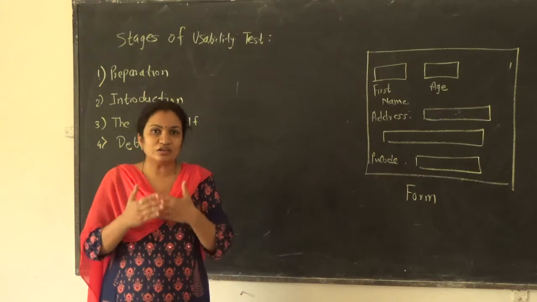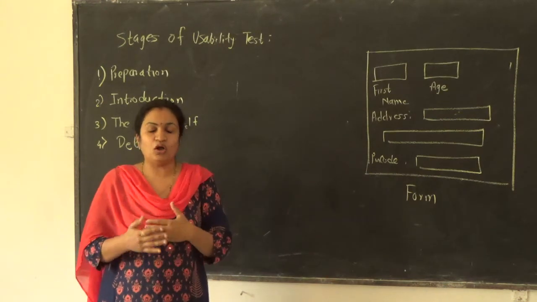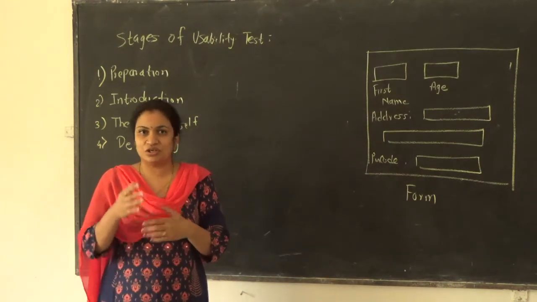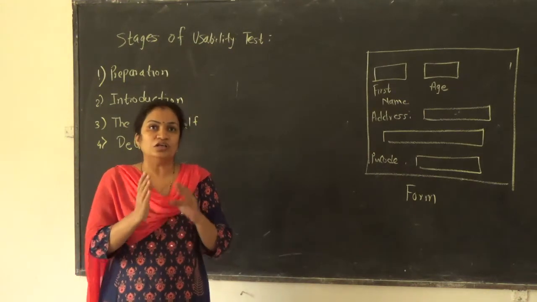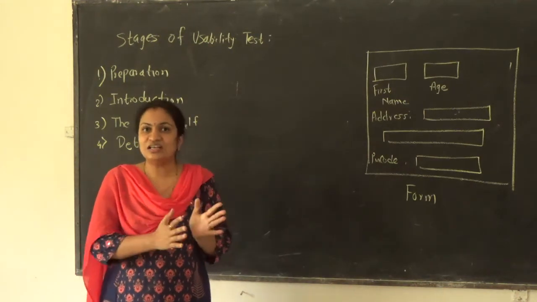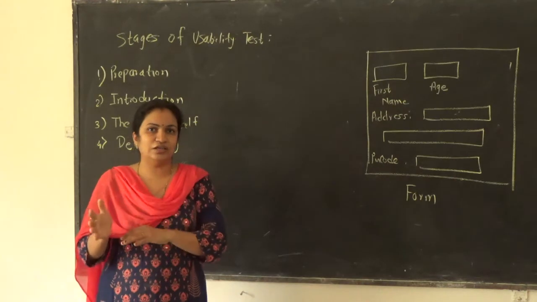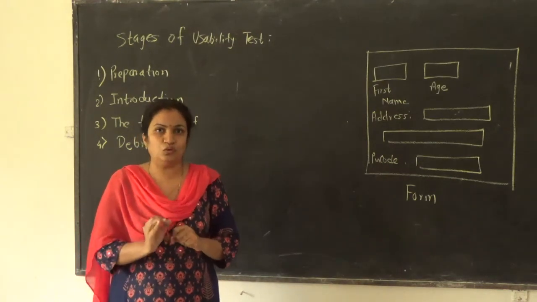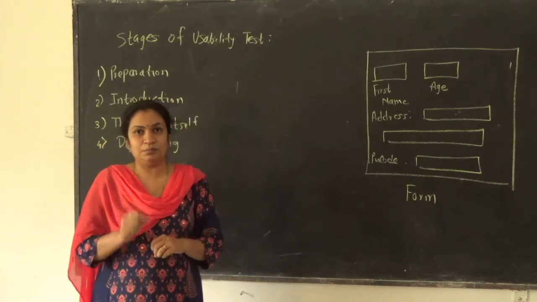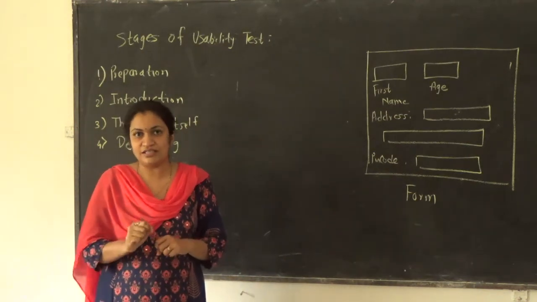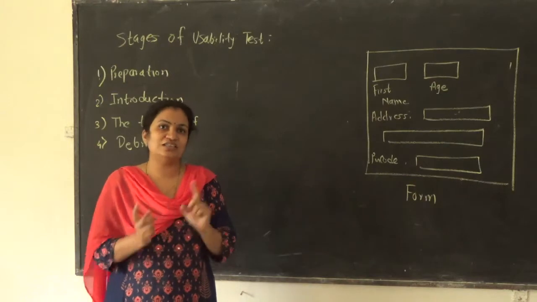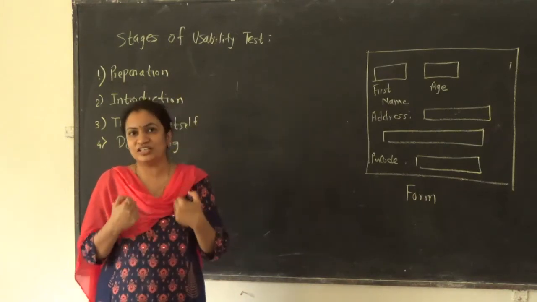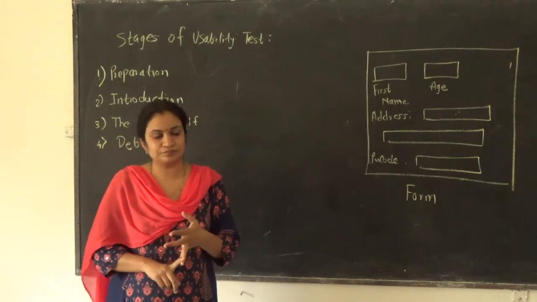So I should not demotivate the user by asking questions which are not related to the software. They are strictly related to the software and not related to the ability of that user. That is the one rule to be followed by the experimenter. Remember the only key rule: I want the user to test the system, and I am not the experimenter who is going to test the user.